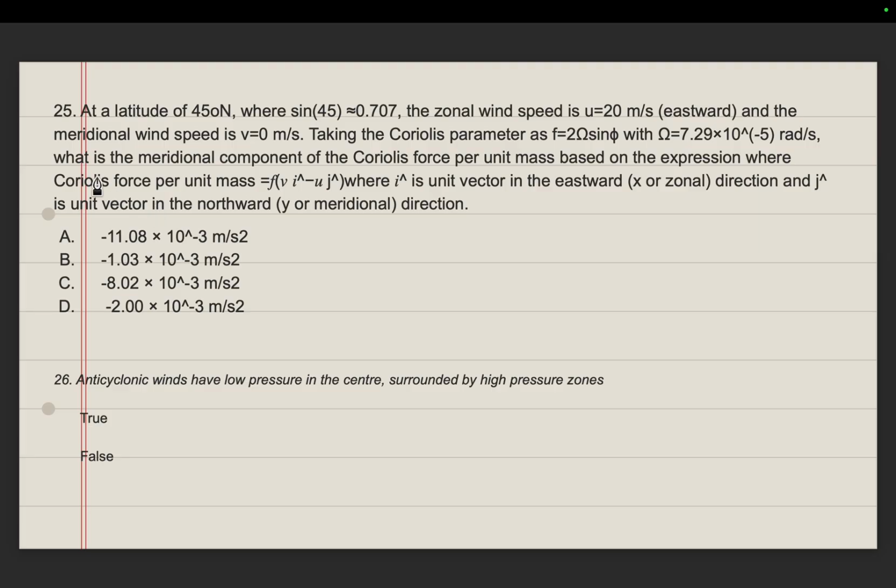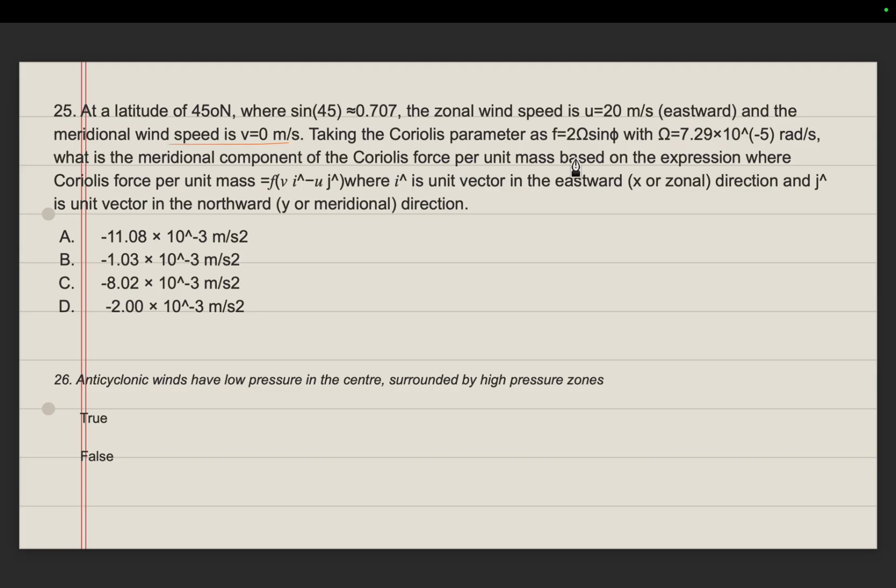At the latitude of 45 degrees north, where sin 45 is 0.7, the zonal wind speed is u = 20 m/s in the eastward direction, and the meridional wind speed, the south to north wind speed, is v = 0 m/s.